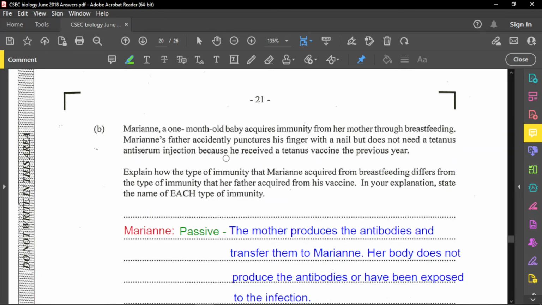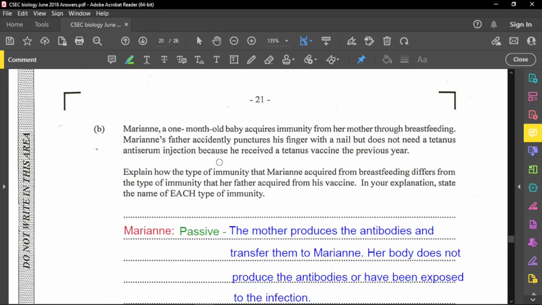Marian's father accidentally punctures his finger with a nail but does not need a tetanus antiserum injection because he received a tetanus vaccine the previous year. Explain how the type of immunity that Marian acquired from breastfeeding differs from the type of immunity that her father acquired from his vaccine.